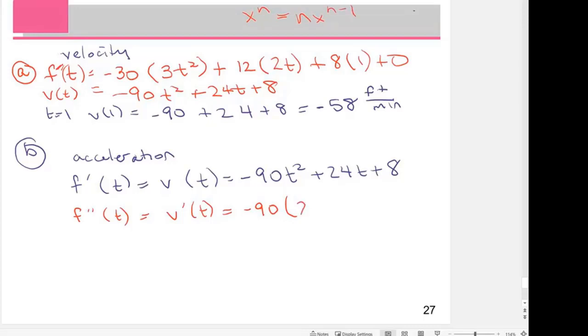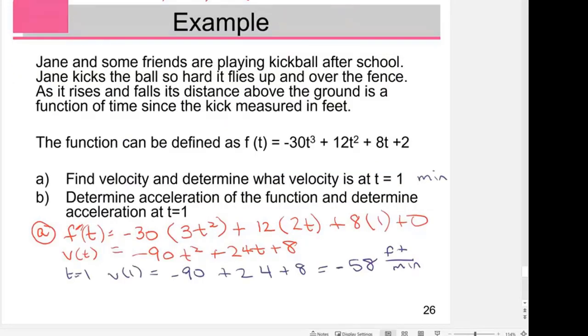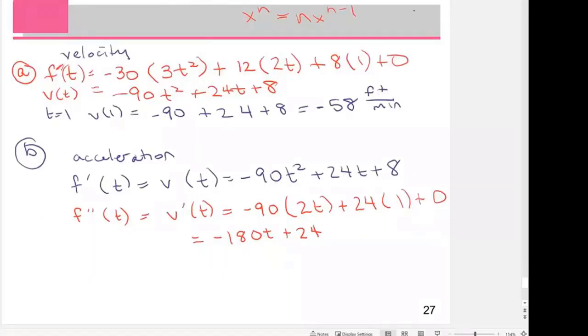So I get times 2t plus 24 times the derivative of t is 1 plus 0, because the derivative of a constant is always 0. So I would get here negative 180t plus 24.